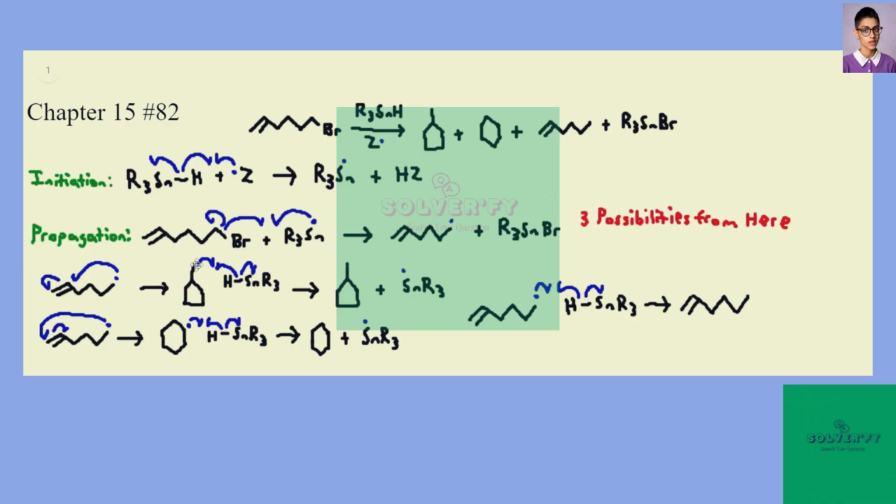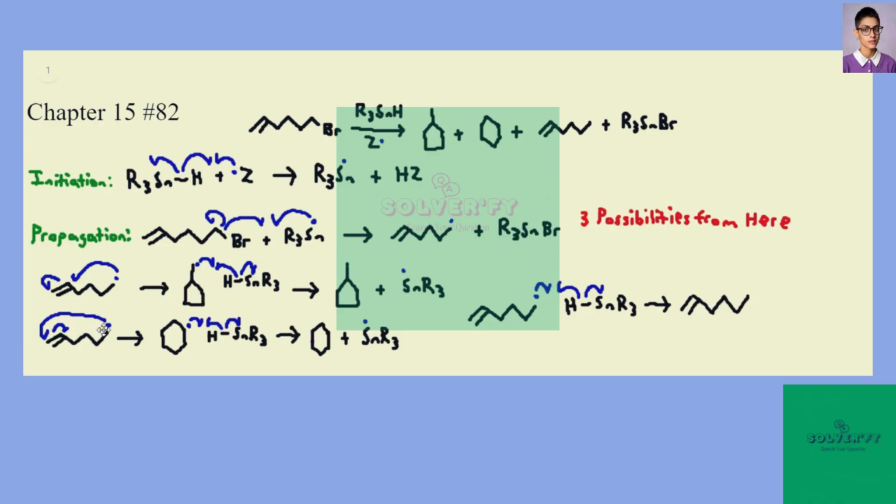The radical ends up on the methyl group, and then from another equivalent of this starting trialkyl tin hydride, we can take the hydrogen, and so that will regenerate our free radical tin species, and it will give us this first product that we're told we can form.